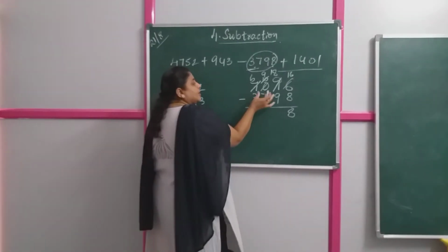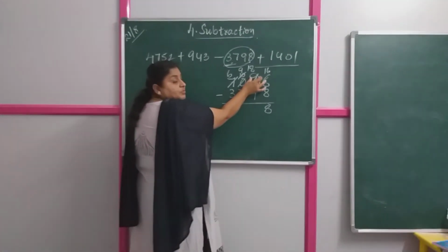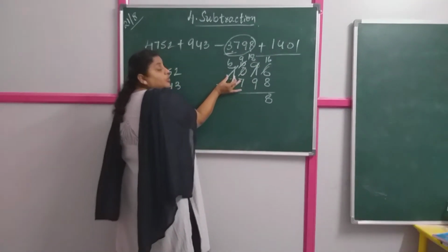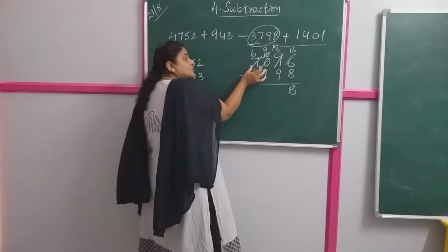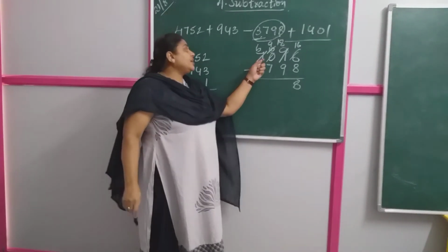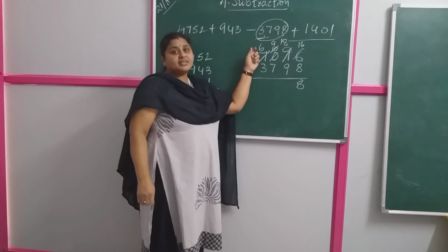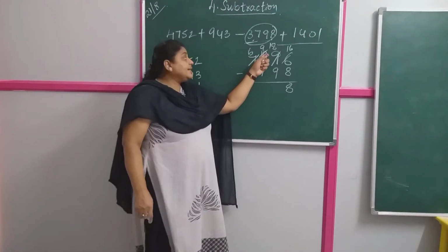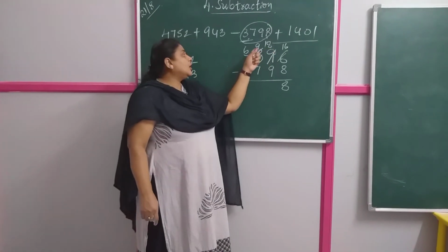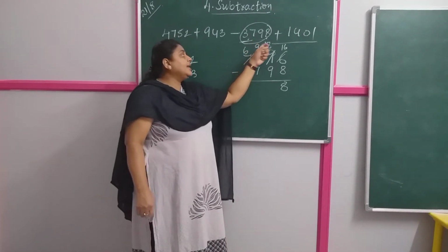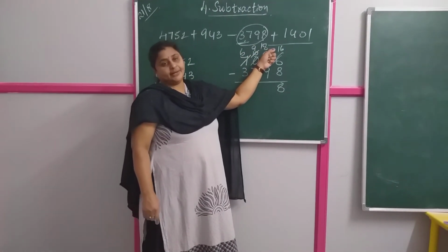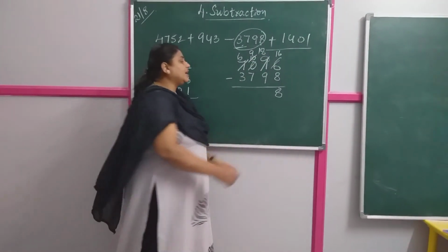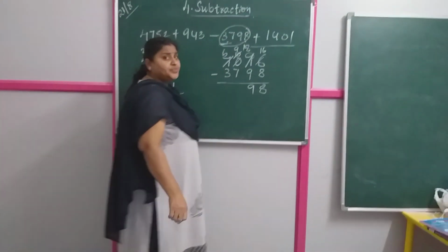Listen children, from 0 I cannot take a borrow. What I am doing? I am taking a borrow from the previous number. So 7 changes to its previous number 6 and 0 changes to 10. But still I need to take a borrow for 8. Now this 10 changes to 9 and the other changes to 18. Now from 18, if you take away 9, you will get 9.